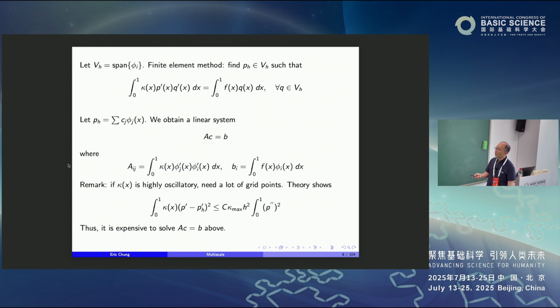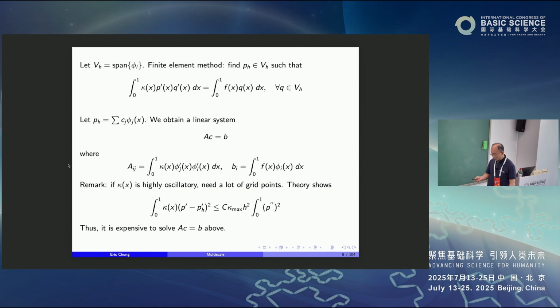You write the solution pH as a linear combination of the piecewise linear basis function phi, and the Cj are the coefficients that you need to find, because the basis is already fixed. This gives you a linear system AC equals B that you have to solve, and C is the unknown.